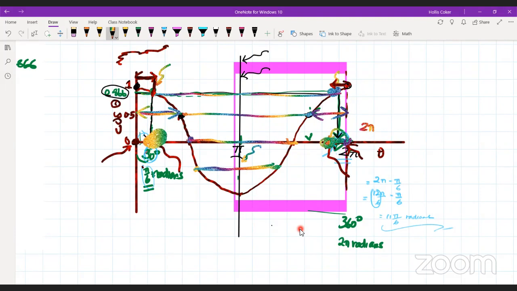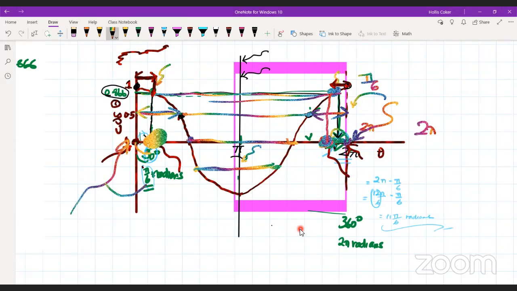That angle and that angle, both of them have the same cosine. Okay. So I'm going from 2 pi, which is this position here, jumping backwards by pi on 6 radians to get to the point there. And that angle has the same cosine as the angle that is pi on 6 radians from 0. Move pi on 6 radians to this point, both of them have the same cosine. Understood it? Yeah. Sure? Yes.